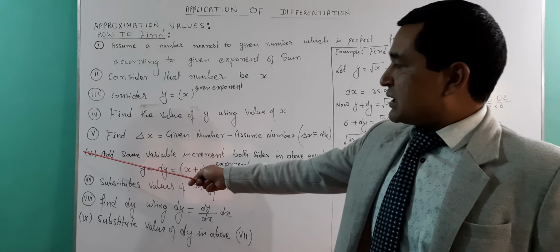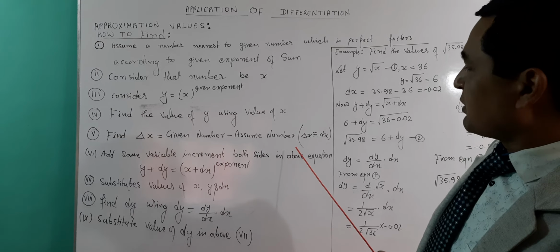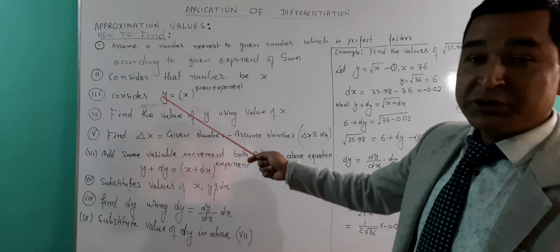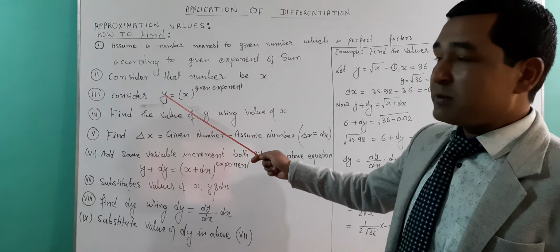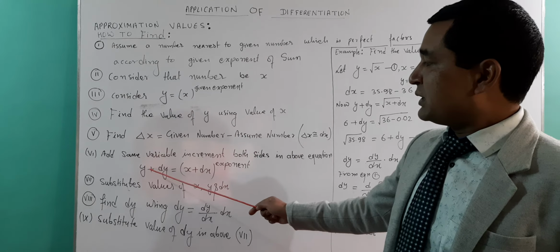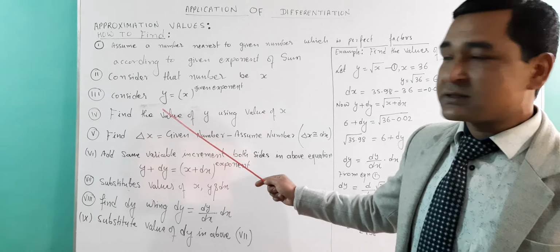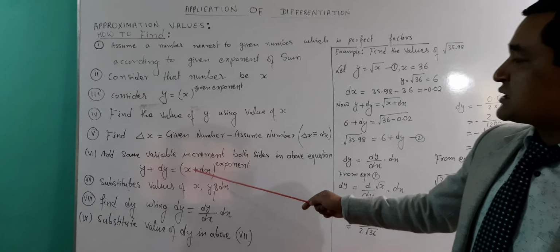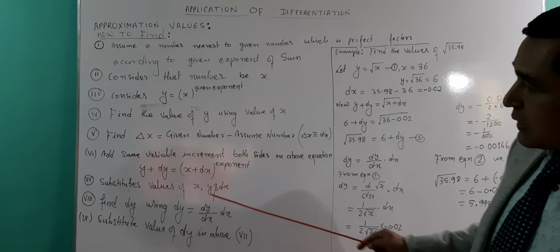Then next step, add the same variable increment on both sides in the above equation. In the left hand side there is the y variable, and the increment of the y variable is dy. Similarly, in the right hand side there is x, the increment of the x variable is dx, and copy the same power.